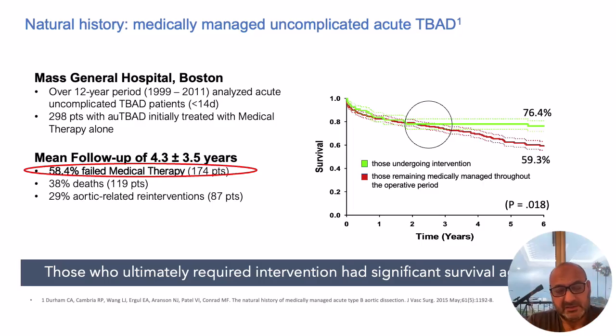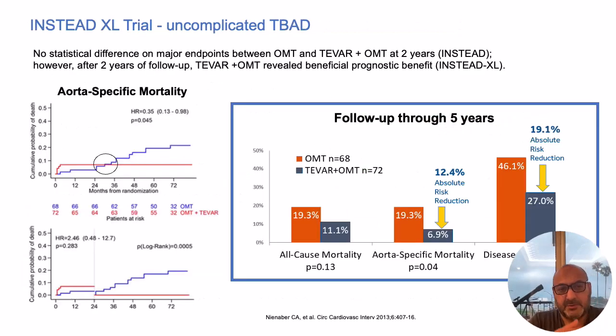In this study, they found about 58% failure in medical therapy alone. This promoted the INSTEAD trial initially for 2 years, and INSTEAD XL, they followed those patients for another 5 years. And what they found is that in aortic specific mortality, there's a 12.4% absolute risk reduction.